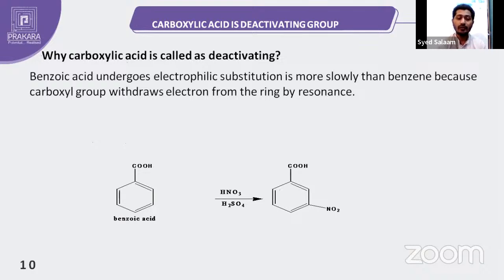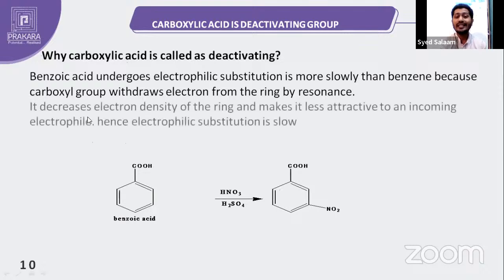So when we compare the reactivity of benzene with that of benzoic acid, it is much lesser, because the presence of the carboxylic group makes the benzene ring a little unstable and doesn't allow electrophilic substitution to proceed faster. It decreases the reaction rate of the benzene ring. That is why it is regarded as an electron deactivating group.